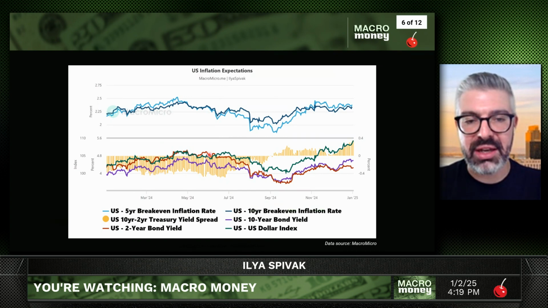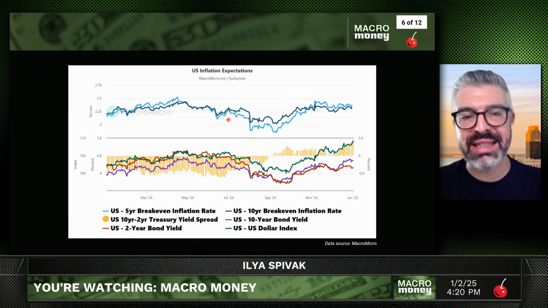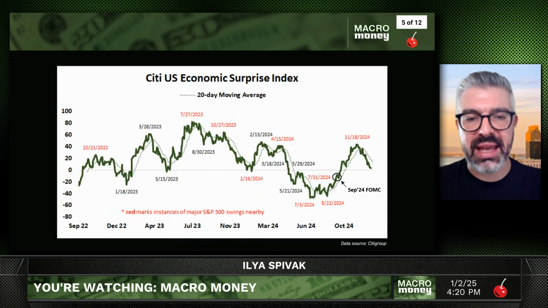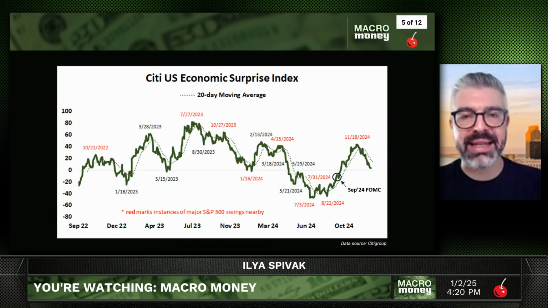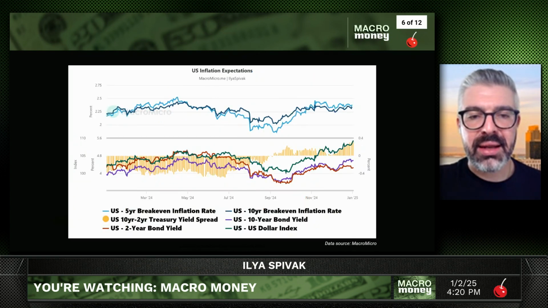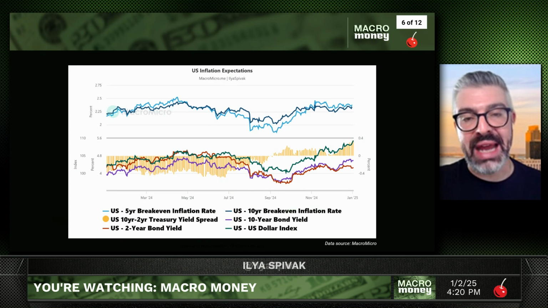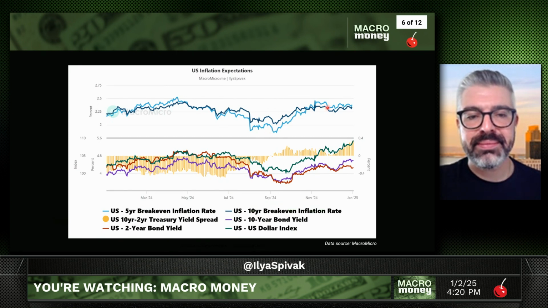The US dollar in the green here likewise starts coming down, because, of course, this amounts to a deterioration of the dollar's yield advantage. But then come September when the Fed delivers, again, we've already crossed back the other way in terms of economic data dynamics. And when the market reckons, okay, well, now this is too much easing, inflation expectations come back up, dollar comes back up, yields come back up.